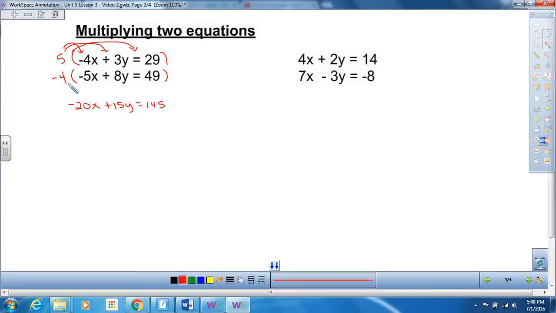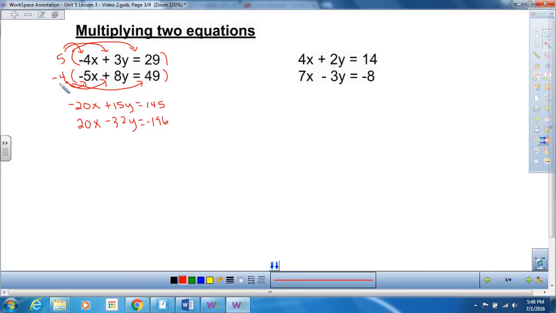Okay, and now you'll do the second equation and line them up. Negative 4 times negative 5 is positive 20x. Negative 4 times 8 is negative 32y. Negative 4 times 49 is negative 196.